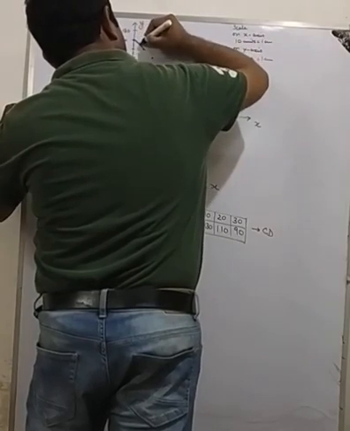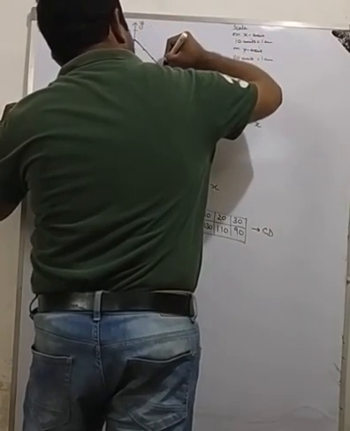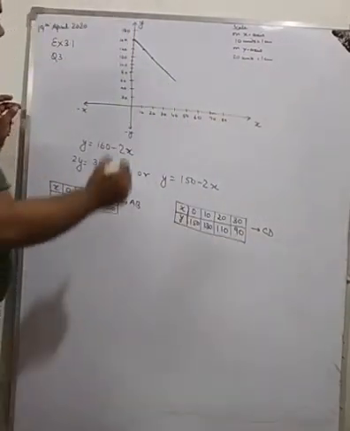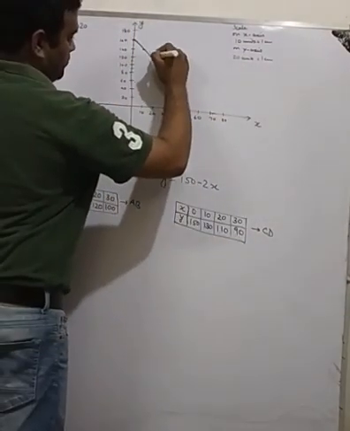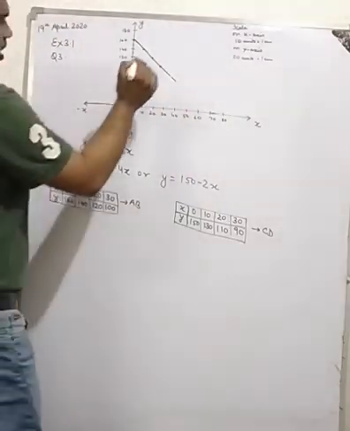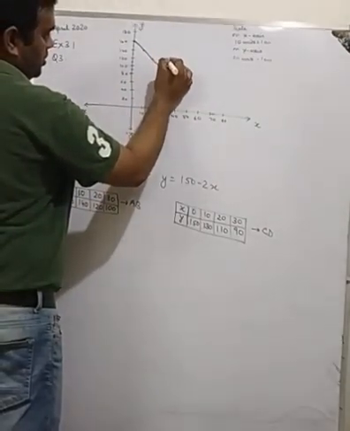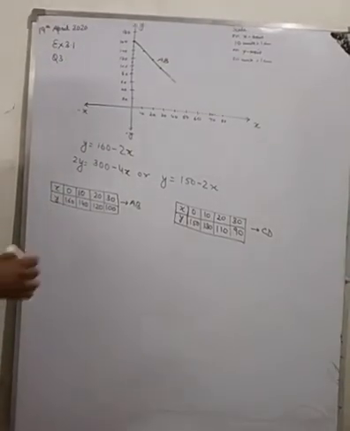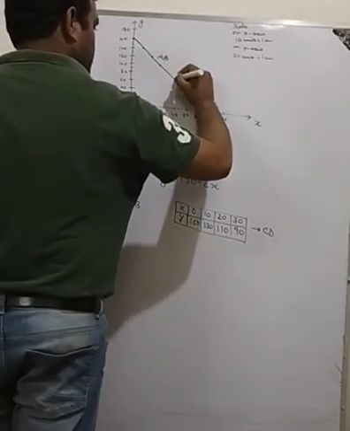this will give me a straight line passing through these points. This is my line segment AB.